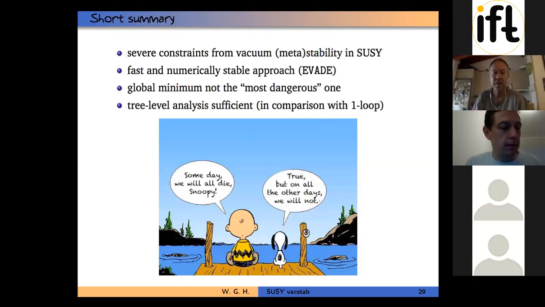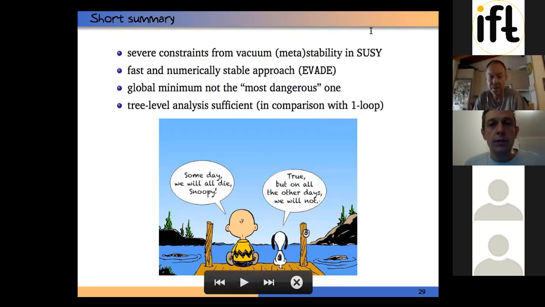Good, then I come to my short summary to finish just before 5. I discussed these constraints from vacuum stability and metastability in SUSY, and basically the main advertisement at the end is to provide access to a new, fast and numerically stable tool that is called Evade.